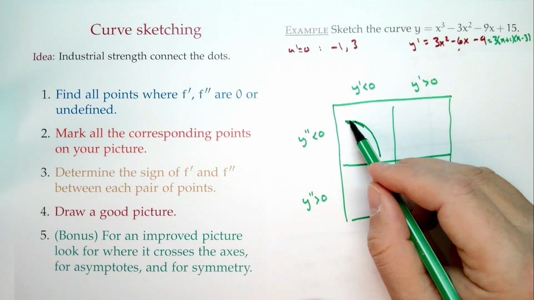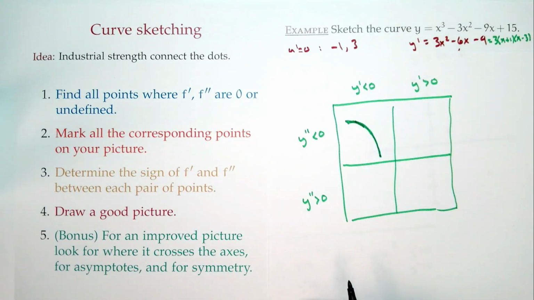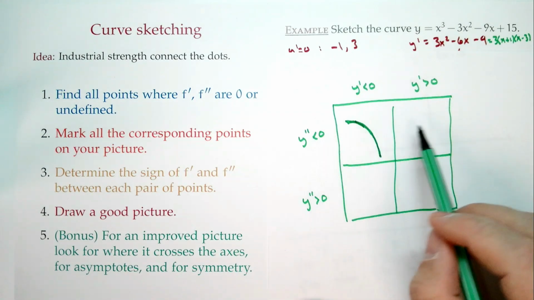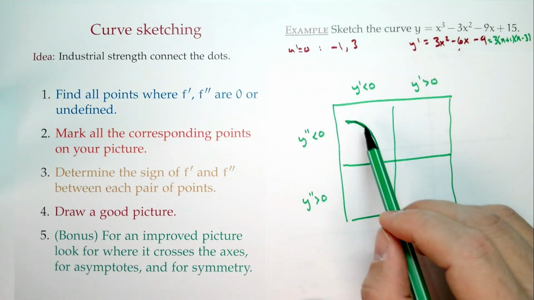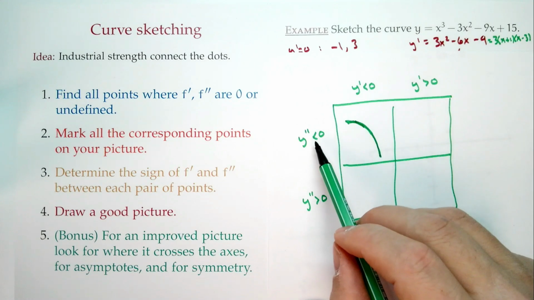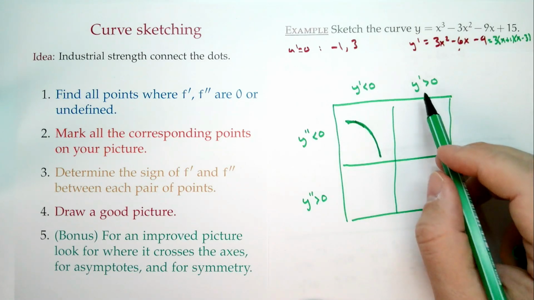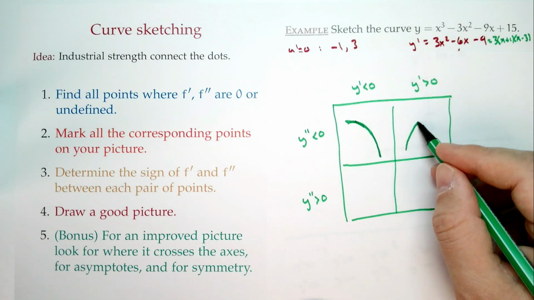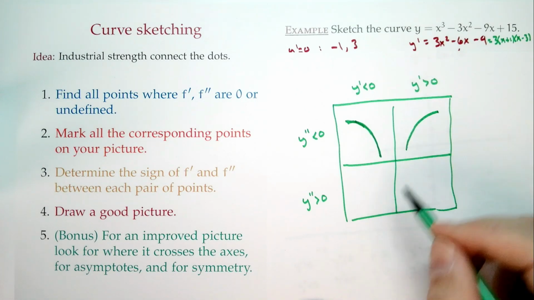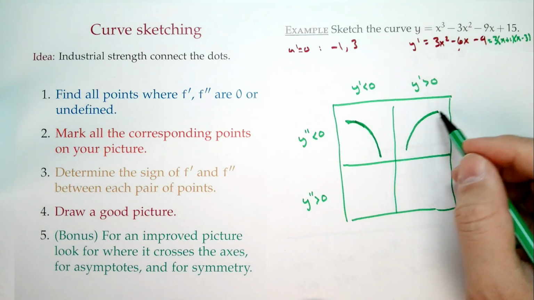So it's coming down like that. Here, you can see our slopes are negative. Over here, we're still frowny face, but our slopes are positive, which means we have that type of behavior: concave down, but increasing slopes.